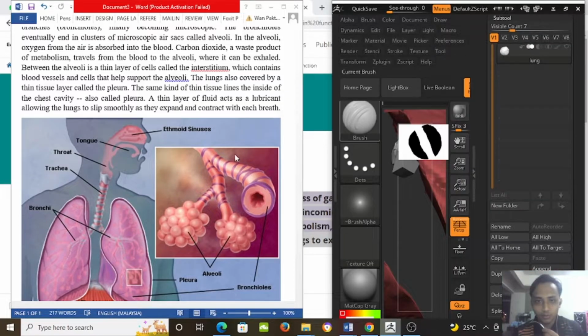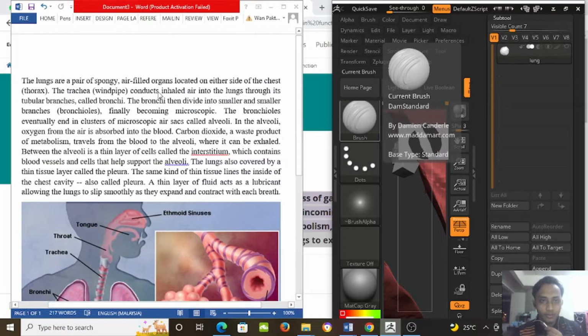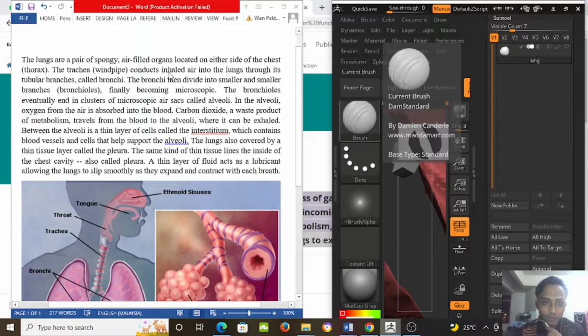The lungs are a pair of spongy air-filled organs located on either side of the chest, which is the thorax.